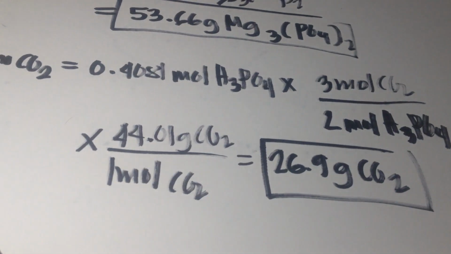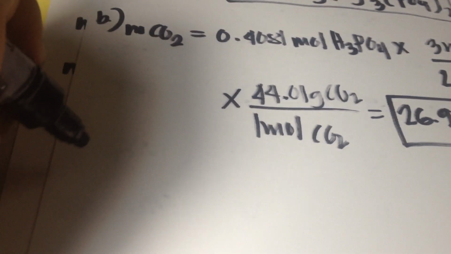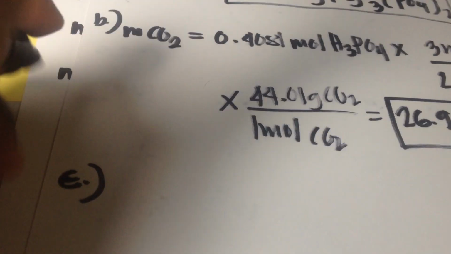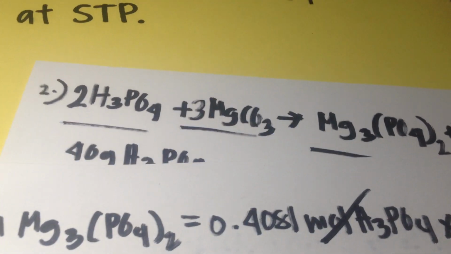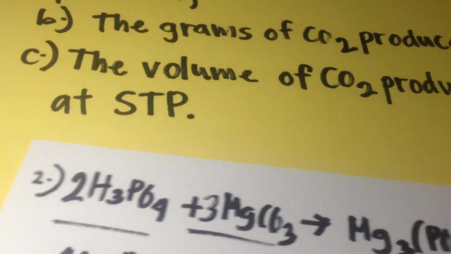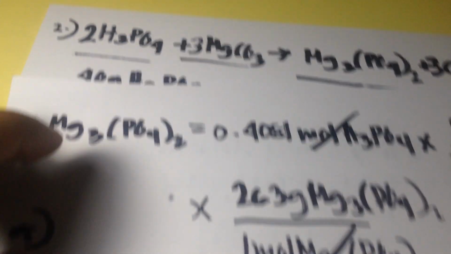And how about letter C? Let's write letter C here. We have the volume of carbon dioxide produced at STP.